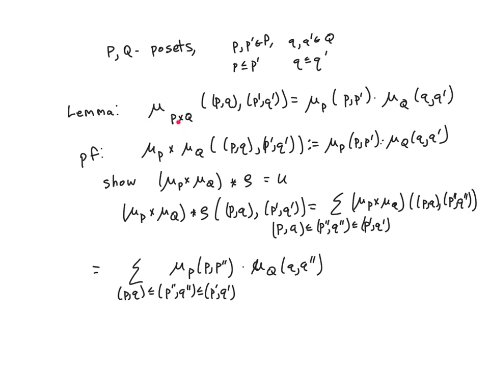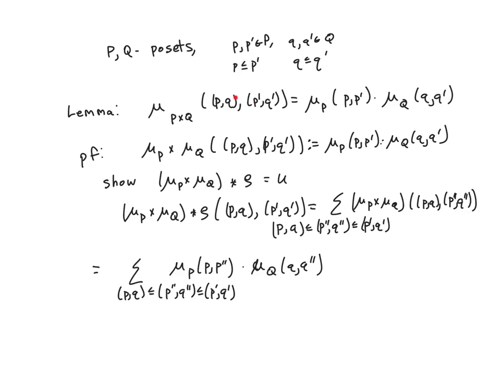Then the Möbius function of the Cartesian product of these posets, of this interval. So remember, an element in here is an ordered pair, where the first coordinate's in P and the second coordinate's in Q. An interval is given by a pair of comparable elements, so you're looking at two ordered pairs.